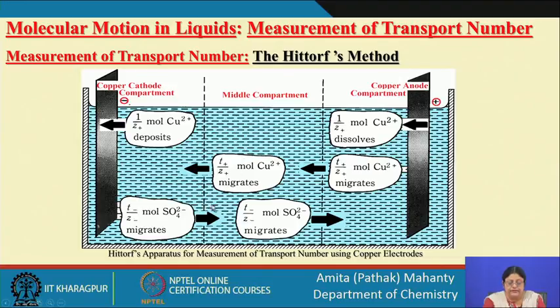Similarly, since 1 by Z minus is the charge of the anion which is present in the cathode, and if you pass electricity, the fraction of the current which is carried by the anion is T minus into 1 by Z minus, will be the moles of the sulphate ion which is present in excess in compartment A, which should be migrating to compartment B. So, if you see, this cation is migrating to the left side, and the anions are migrating to the right side.